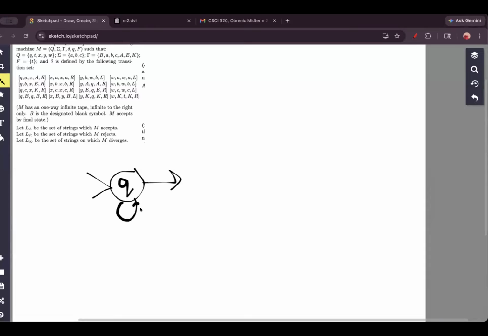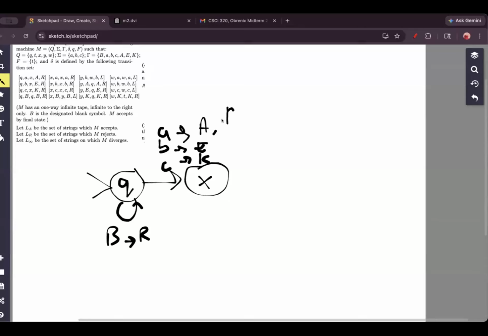Looping on B, and right. In state X, see A, B, C. Turn them into A, E, and then a K, and they're all turning right.